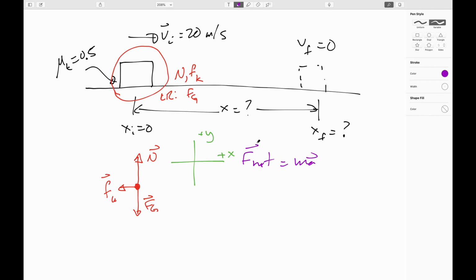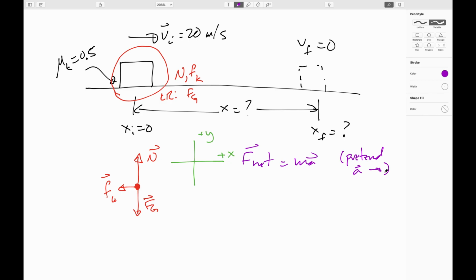And since my acceleration is unknown, I'm going to pretend that a points right. We know it really points to the left. This is going to give me a negative value, so that when I plug it into the kinematics, the signs work out.